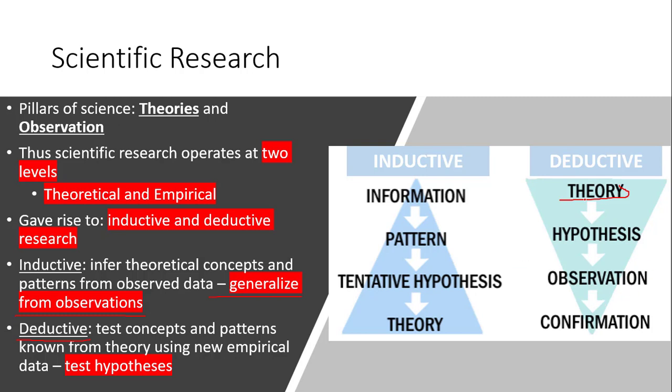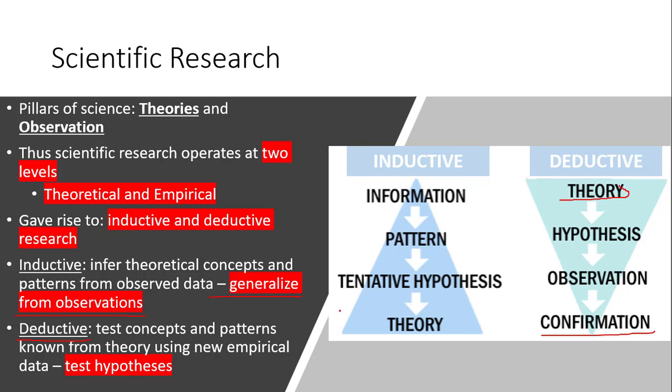Can these theories still explain what we are seeing today? So we are testing hypotheses to confirm whether the theories that have been propounded earlier are still valid or invalid. That is what we do.